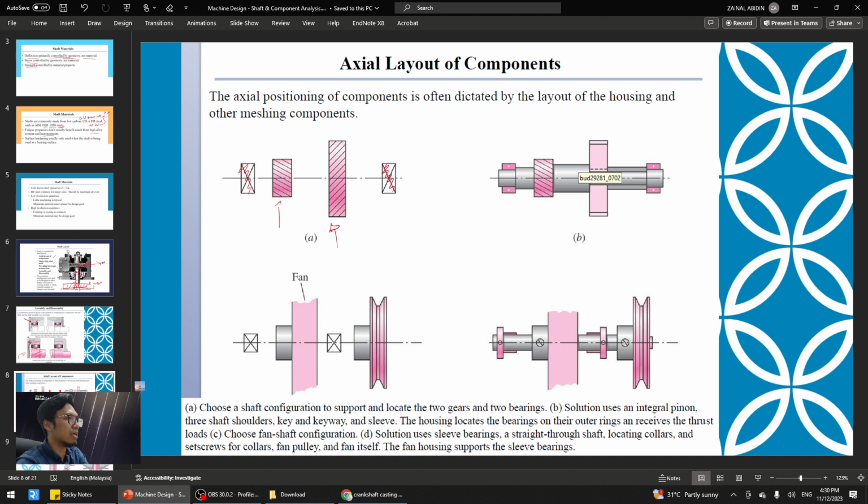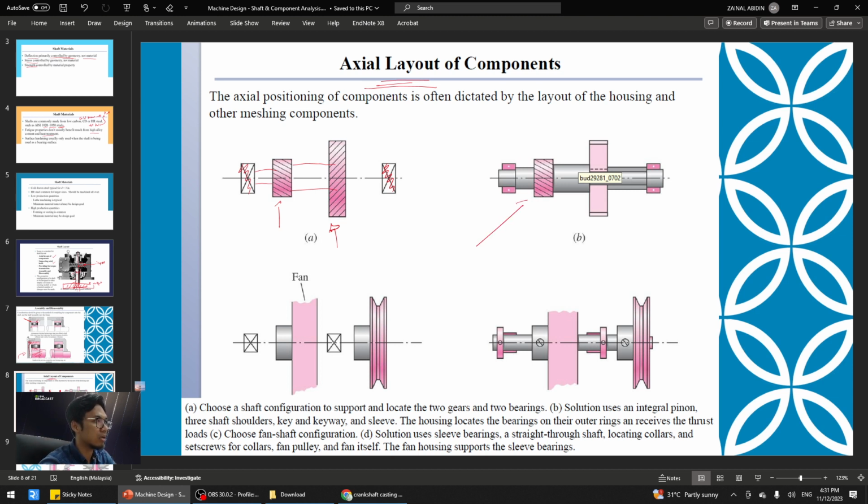So if you're considering axial layout of your component, you must consider the size of your shaft must be bigger on this side and slightly bigger to this side. Slightly, not bigger, slightly lower dimension, ataupun slightly has a small dimension of your shaft size on this side.